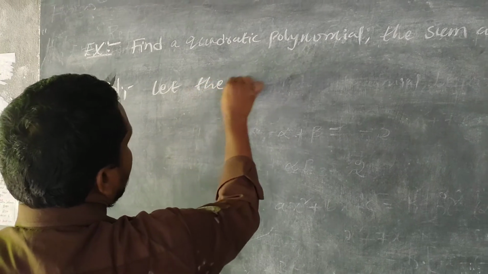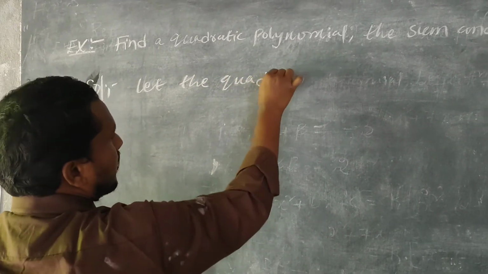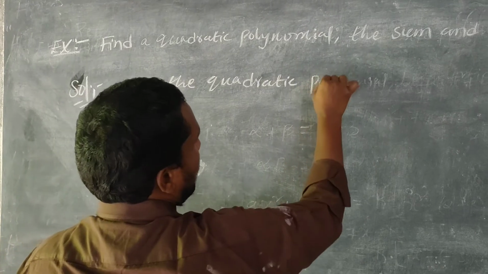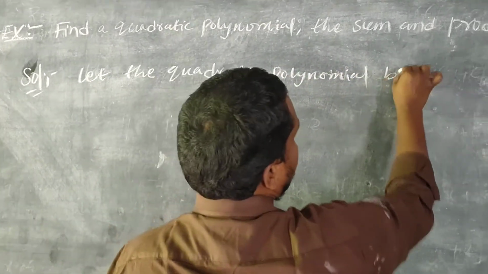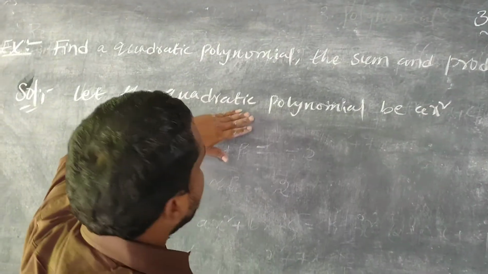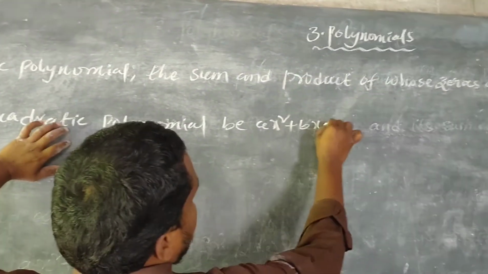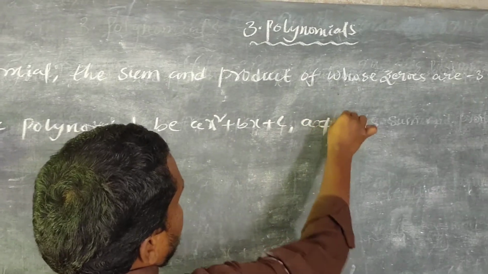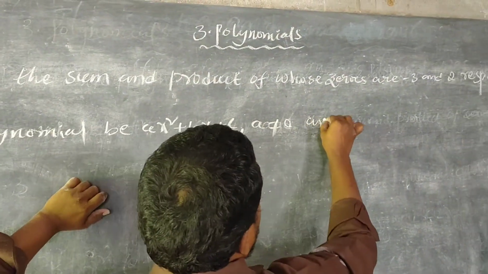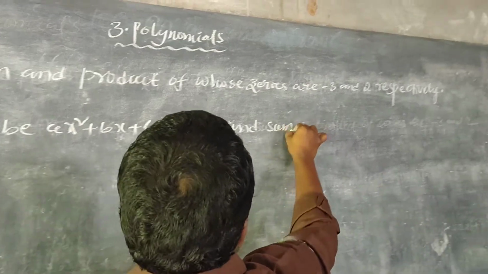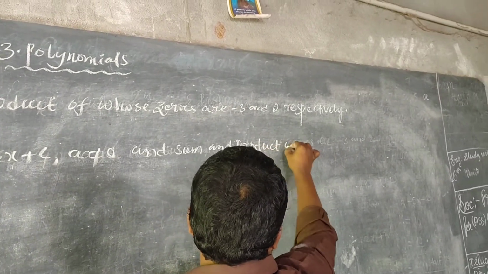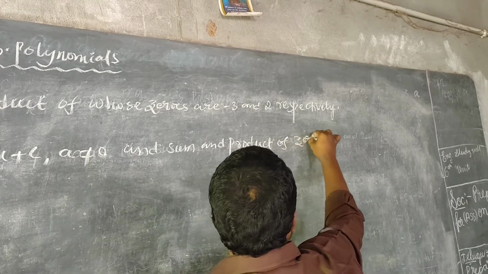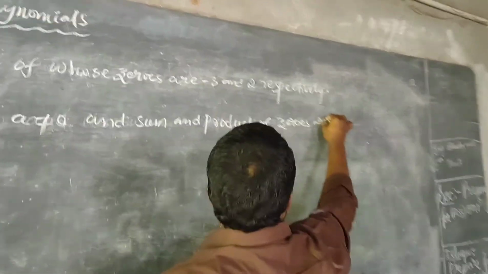Let the quadratic polynomial be, what is the general form of a quadratic polynomial? ax square plus bx plus c, where a is not equal to 0, and the sum and product of the zeros are given as -3 and 2.